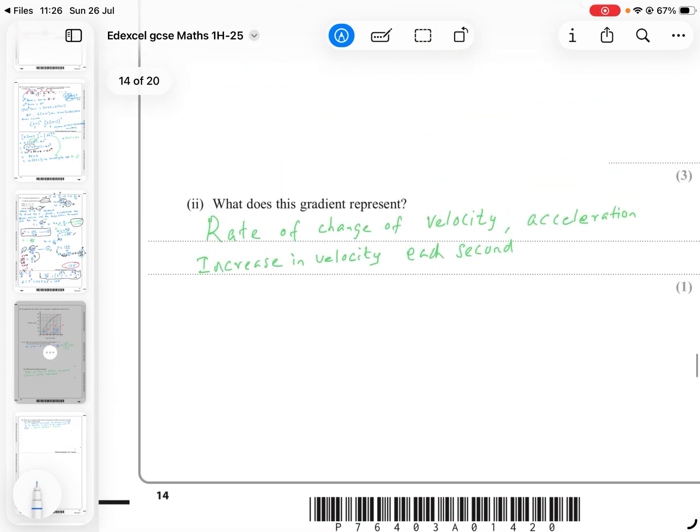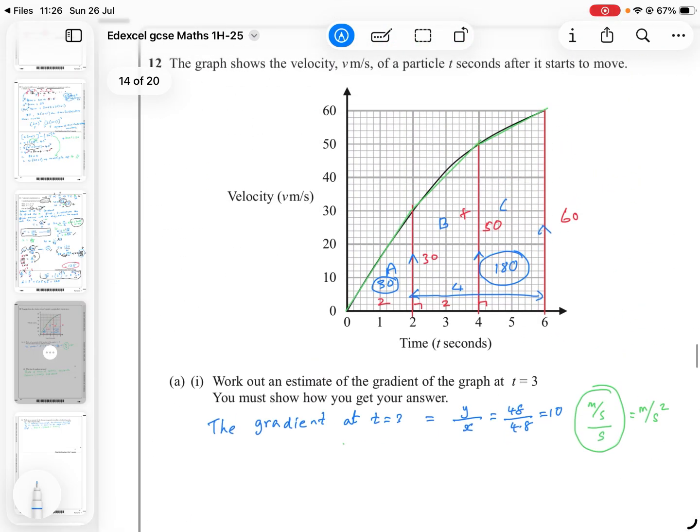When you look at the equal strips, I draw one of them here. This is a triangle. Another equal strip is between 2 and 4.